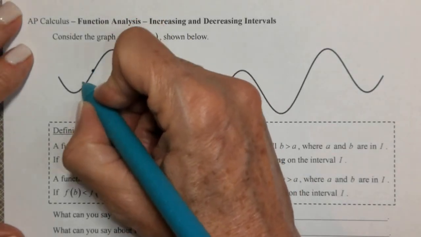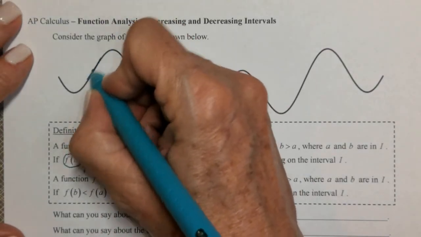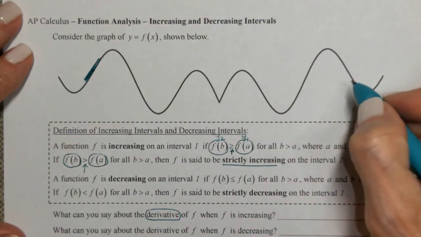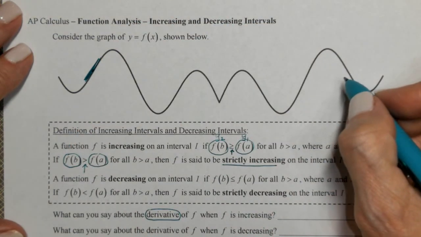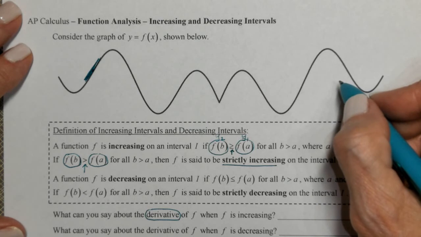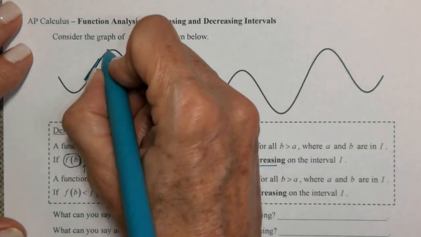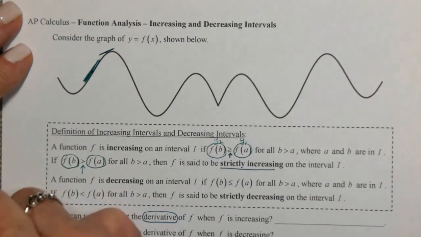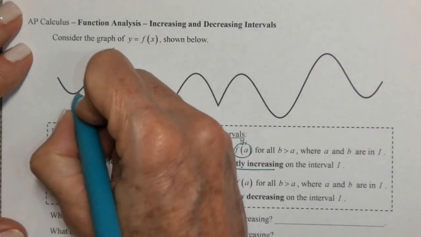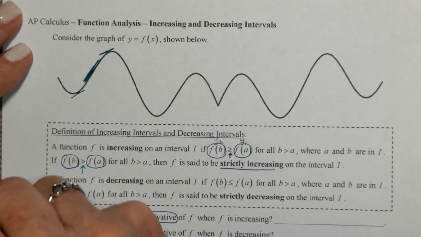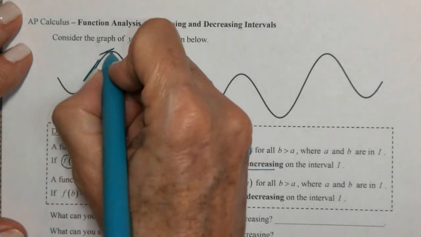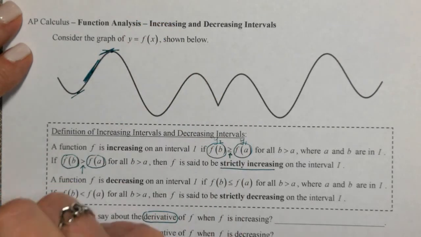Here we're increasing, right? What can you tell me about that slope? Well, it's positive. Is the slope always positive if the function is increasing? What about right here? Sure. Is this slope positive? Sure.